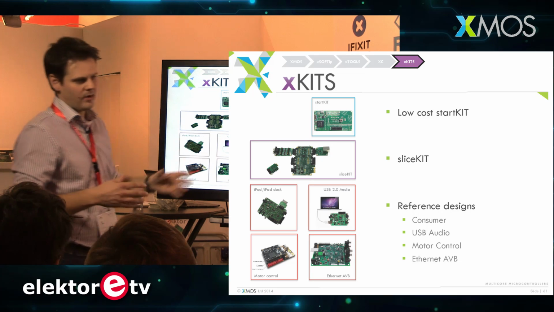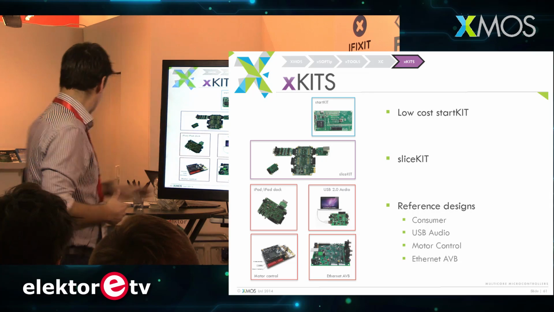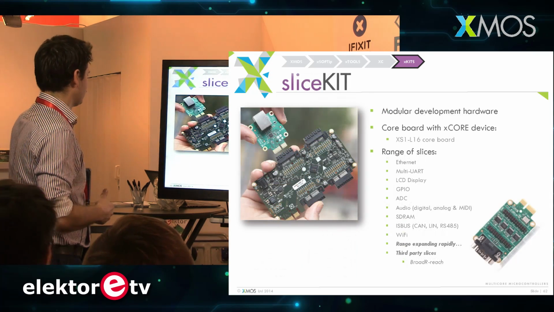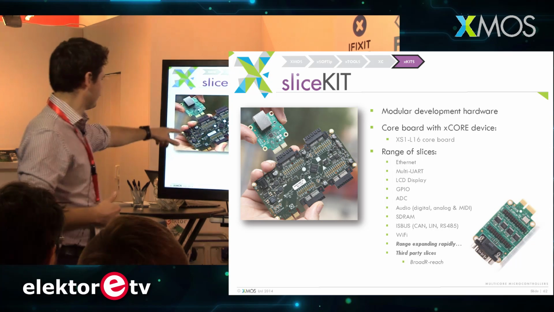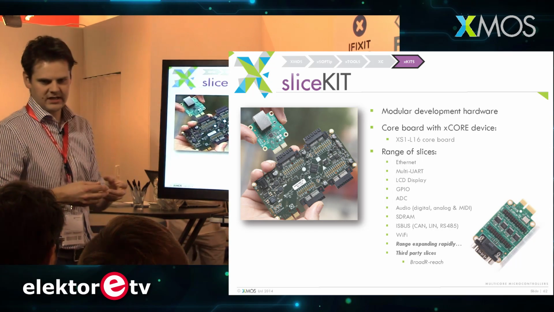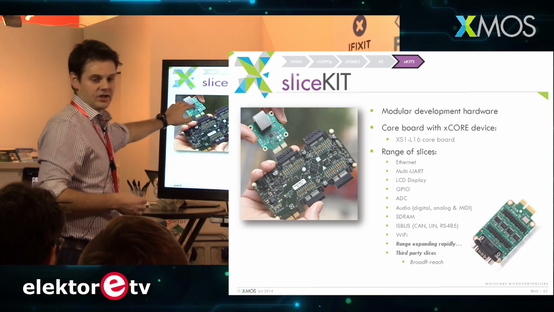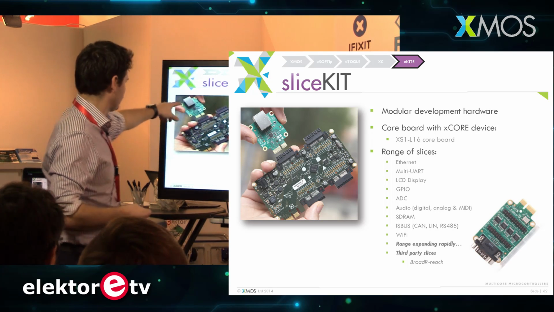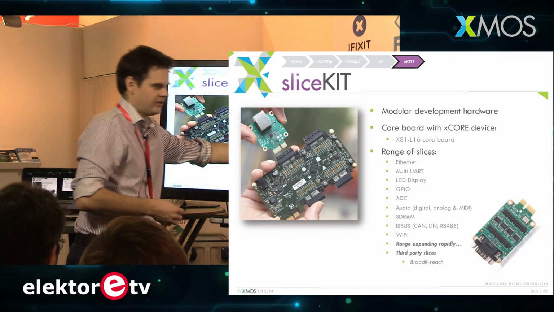sliceKIT is our more fully featured development system. I'm not sure whether there's a picture. Yeah, here we go. We have these connectors here, which allow you to construct a system based on the development board and these slices. This one here is an Ethernet PHY, and here we're plugging in a multi-UART slice.